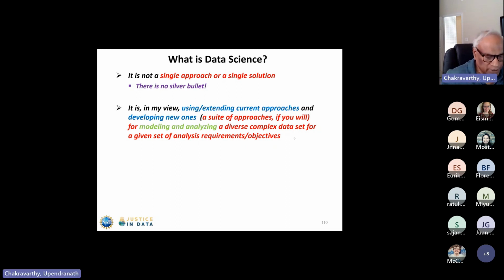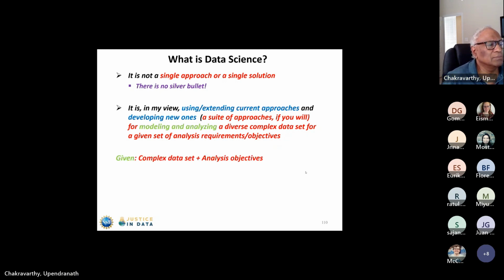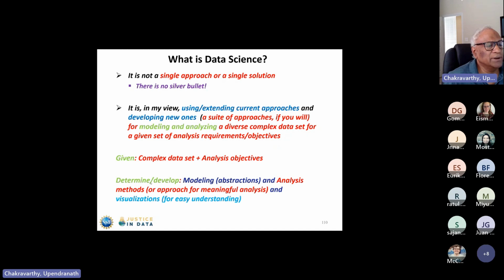What each of us may be doing may be a small component or sliver of that. One way to describe it is: given a complex data set plus analysis objectives, determine or develop modeling abstractions, analysis methods, and visualization.